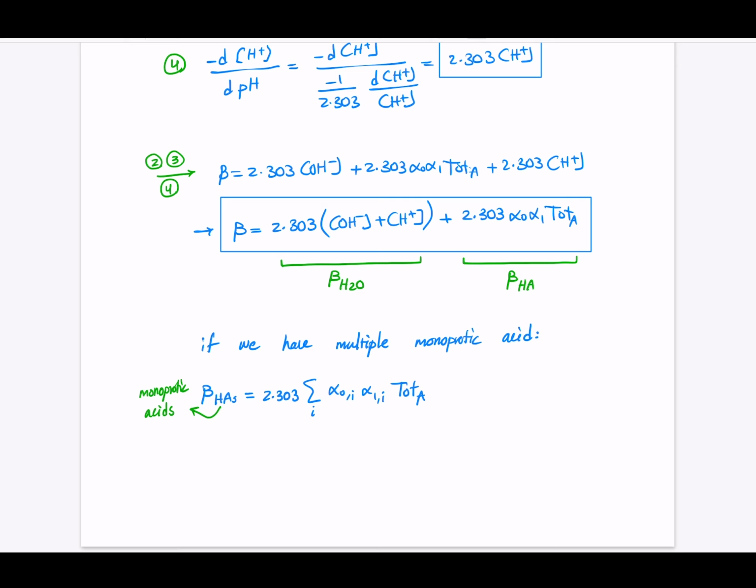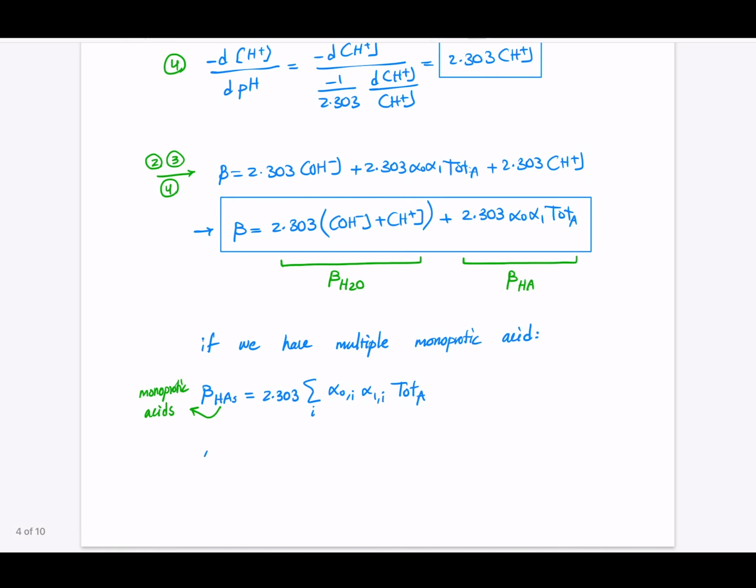So if you have acetic acid, you have ammonia, you have other types of monoprotic acid, you can basically expand this one and then combine all to get the contribution of all the monoprotic acids.